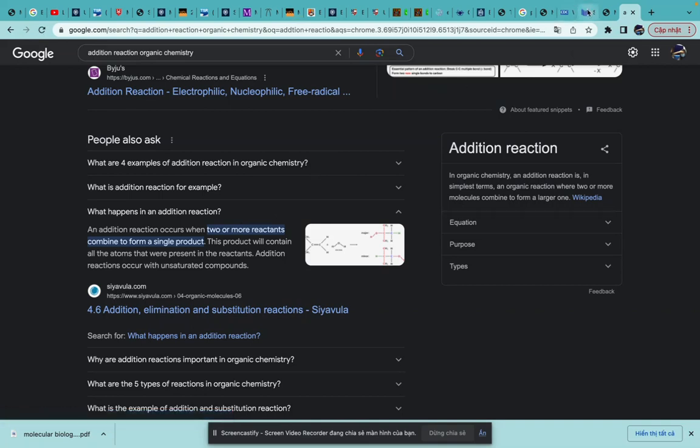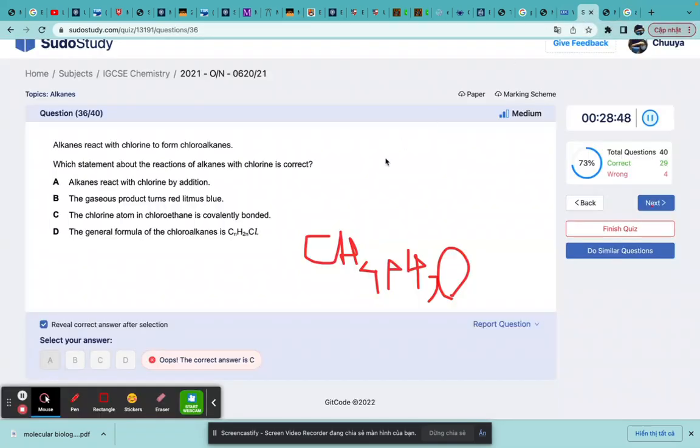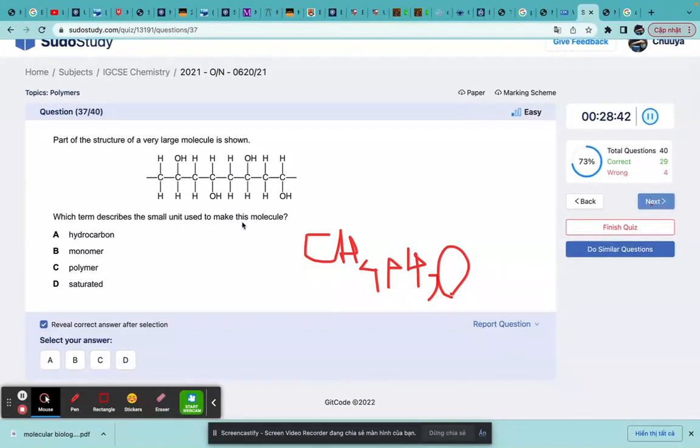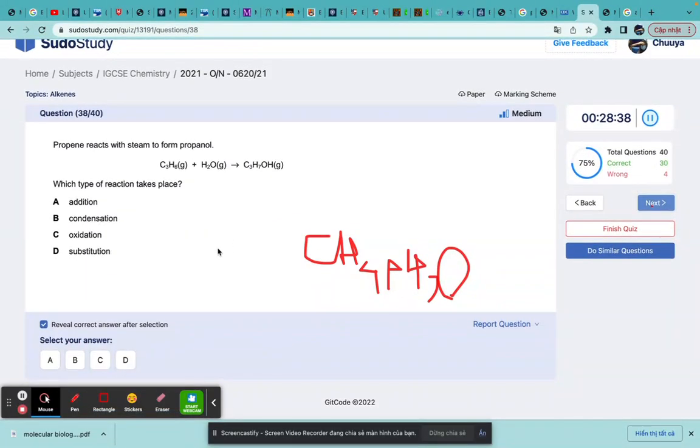Okay, 2 or more combines. Oh yeah, it only makes one product, so could it be addition? Oh shoot. Okay, sorry. It's monomer. This one is addition because it only makes one product.